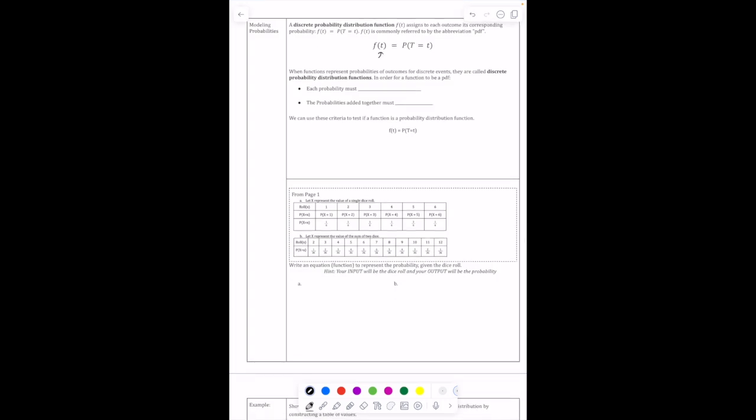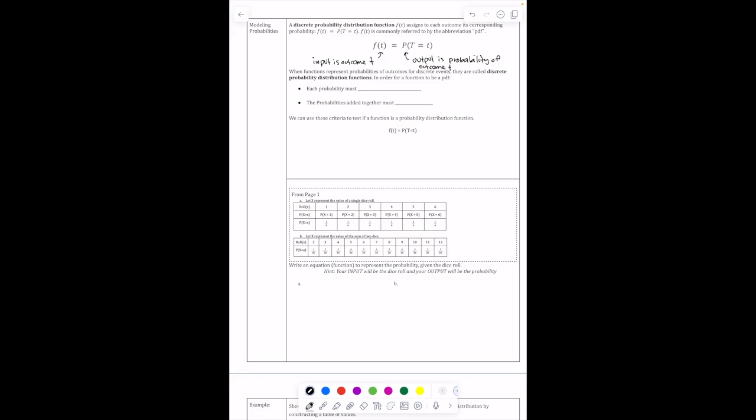So let's label, our input is outcome t, and then our output is the probability of outcome t.